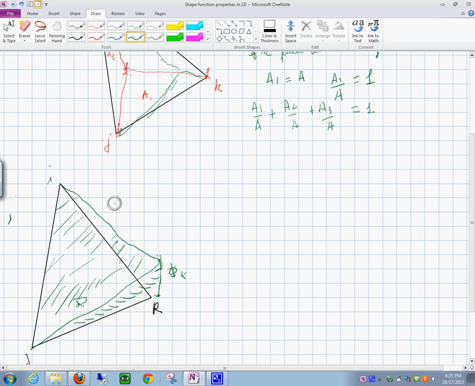It varies in a line from 0 to 1, along the vertices, the vertex I and K. So we have proven the second principle, that the shape function varies linearly from this node to the other one.